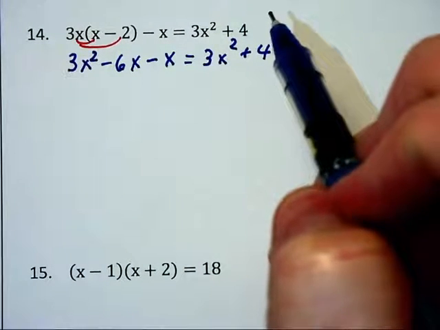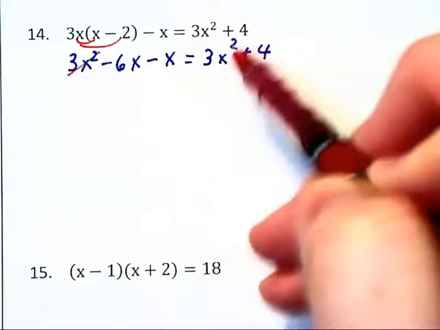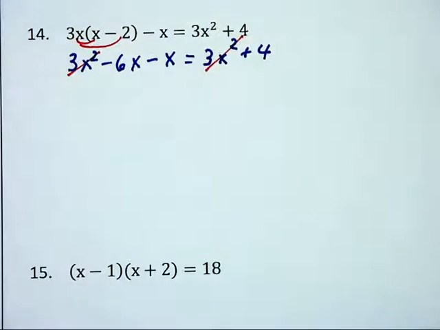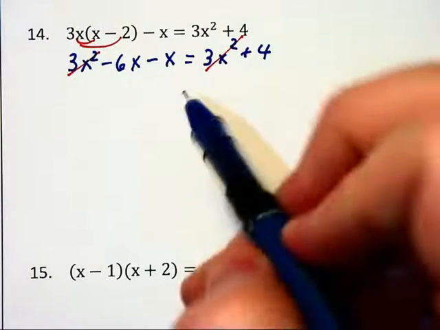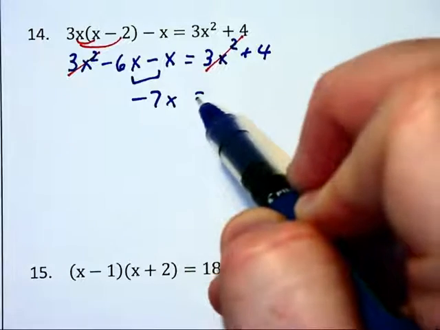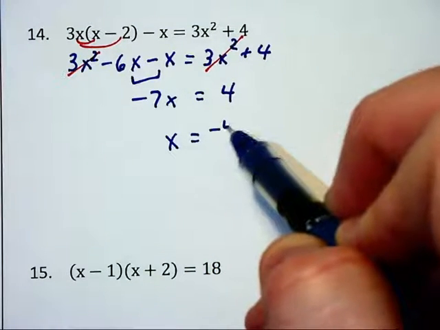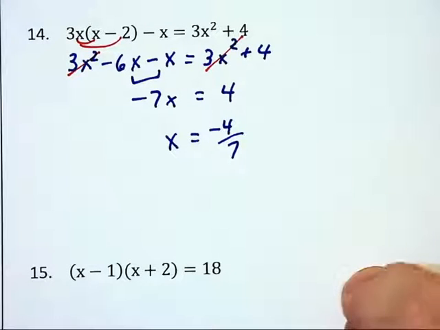And then we notice, hey, I've got an x squared, 3x squared on each side, which will subtract out. So this really isn't quadratic at all. Combining on the left, we have minus 7x equals 4, and therefore the only solution will be negative 4/7. So that was kind of a linear equation in disguise.